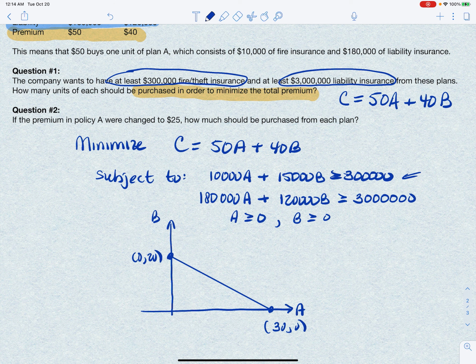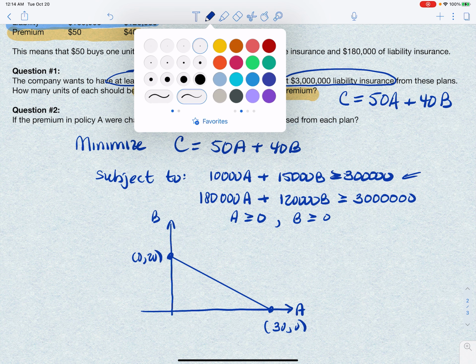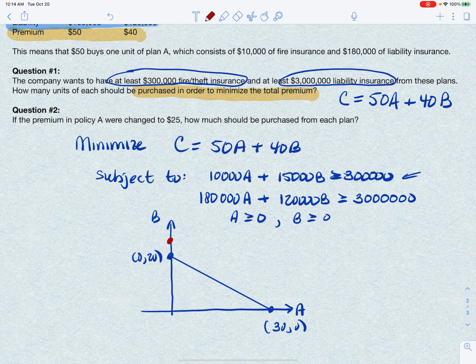So the other line's a little bit tricky. If A is equal to 0, we have 120,000 B is equal to 3 million, which means B is going to be 25. So I'm going to graph that one in a burgundy, and that's 0, 25.